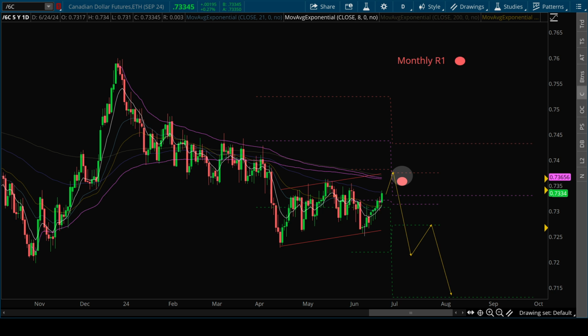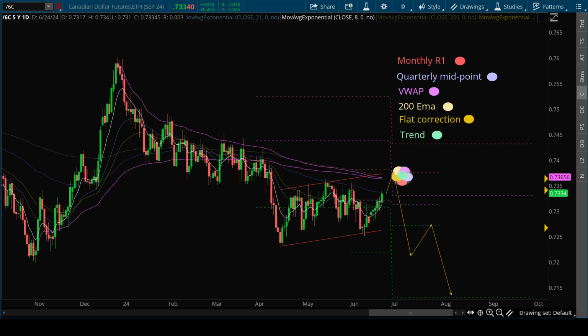You've got your monthly R1, your quarterly midpoint, your VWAP, and your daily 200 EMA. You've got a flat correction, pattern completion right there.